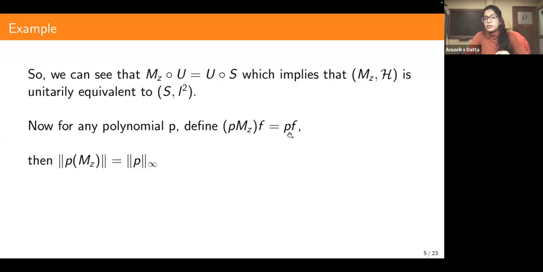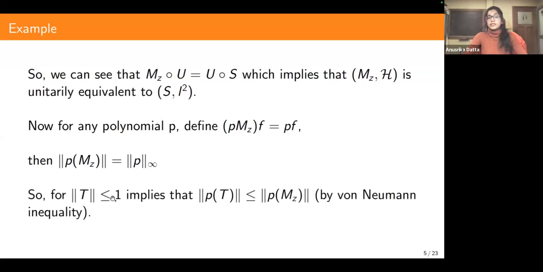If we take the supremum norm, that means we are taking the supremum over norm of f less than or equal to 1, and that gives you the infinity norm of p by the maximum modulus principle. It always attains the maximum on the boundary. So that's why we get this inequality.